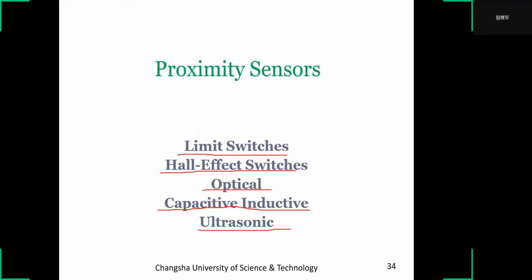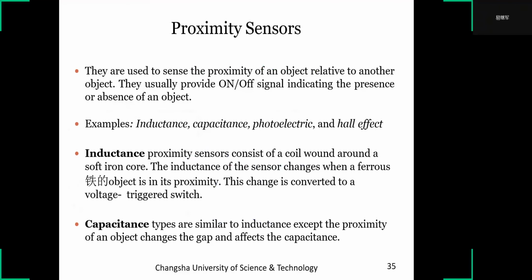There are different types of proximity sensors. Proximity sensors are used to sense the proximity of an object relative to another object. They usually provide an on-off signal indicating the presence or absence of an object.